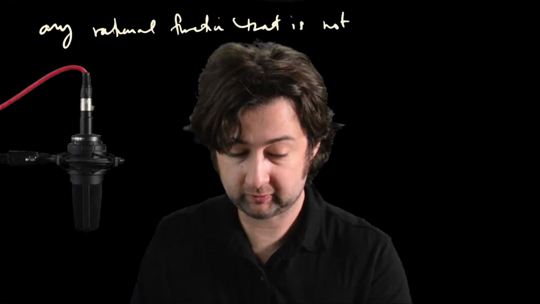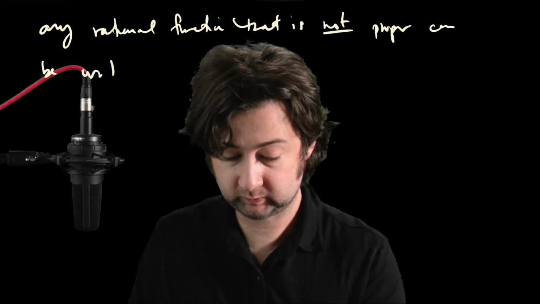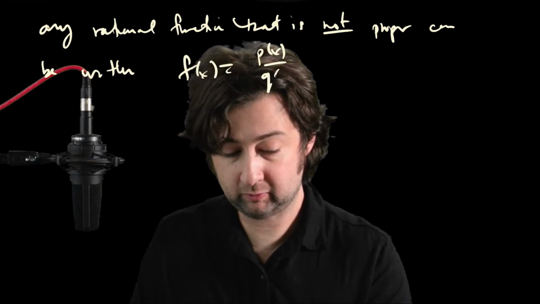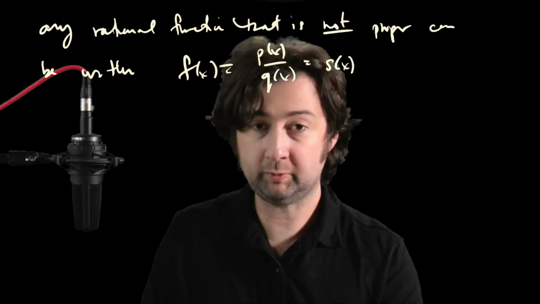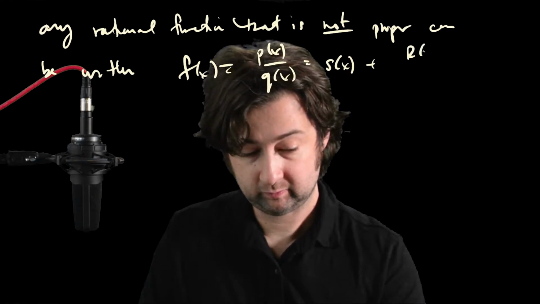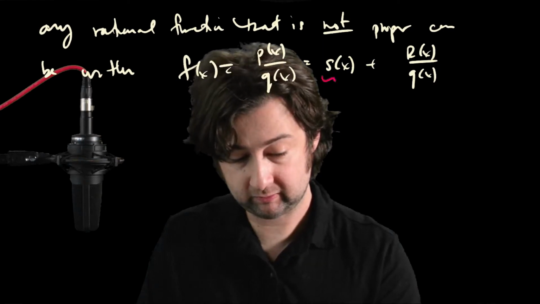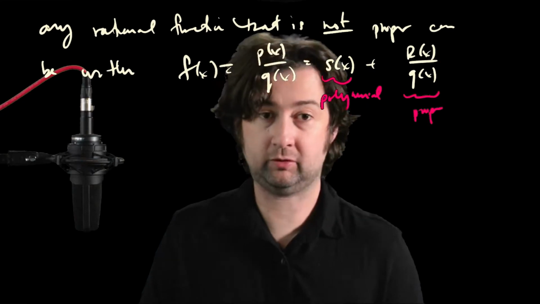Any rational function that is not proper can be written f of x is p of x over q of x, and then you can do division to write it as some regular old polynomial s of x plus r of x over q of x, where this is a polynomial and this is a proper rational function.